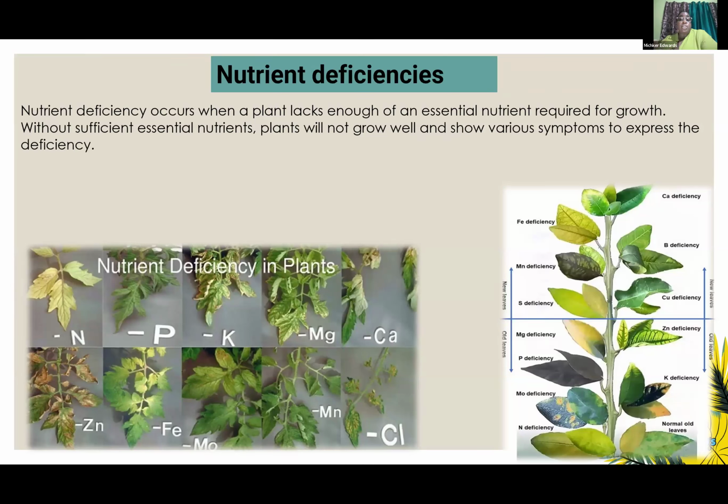Lacking phosphorus, you can have stunted growth, where the root is not growing well, and you can have the plant looking slightly purple, especially easy to recognize in tomatoes. Then if it's lacking potassium, the leaf looks like it's slightly rusting, and those sorts of things.